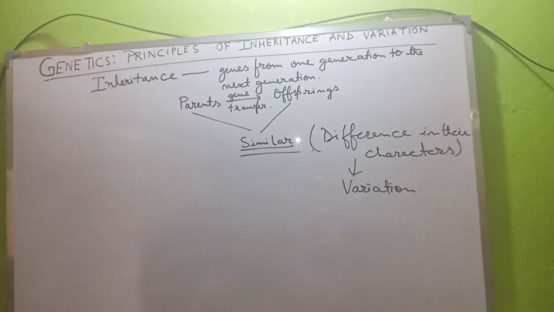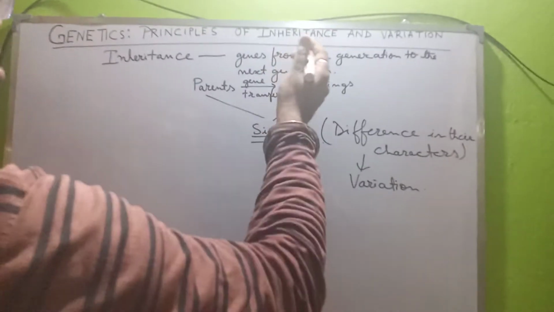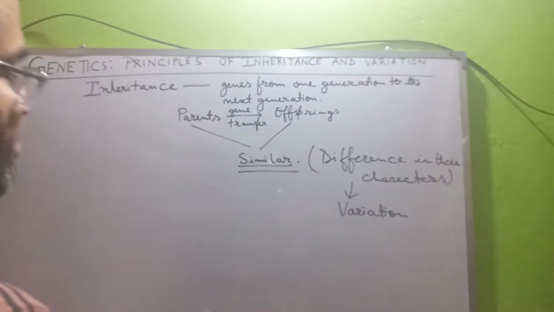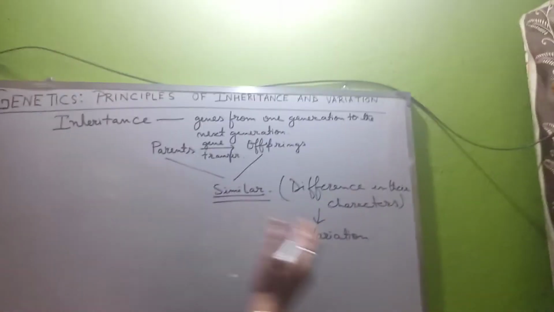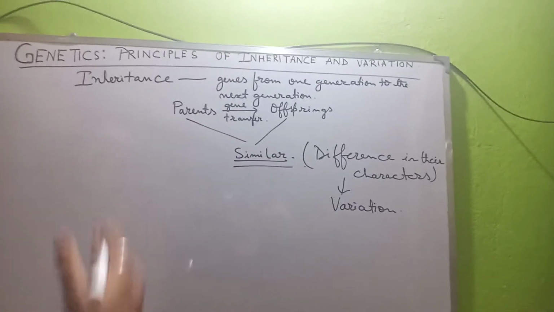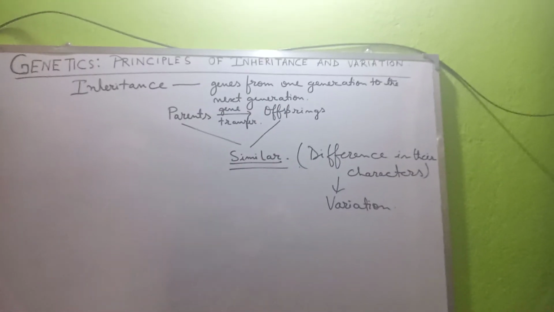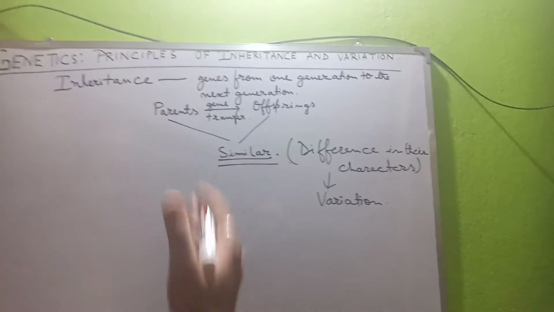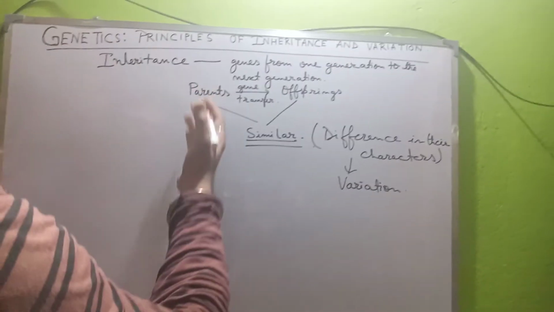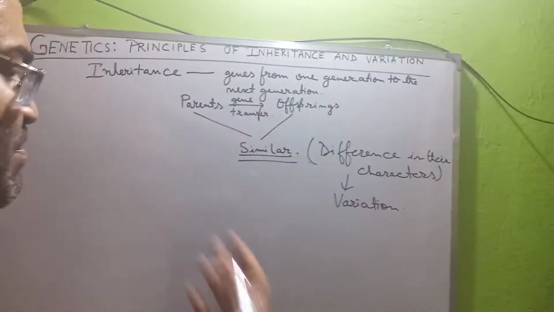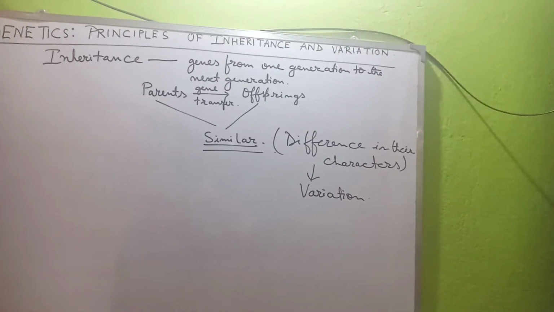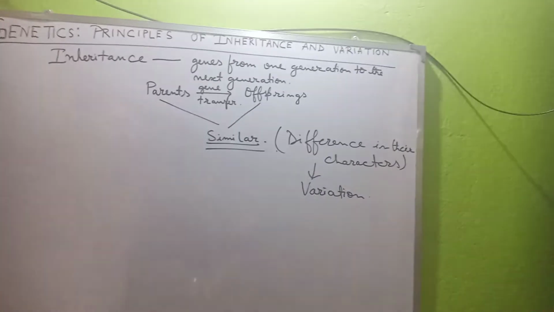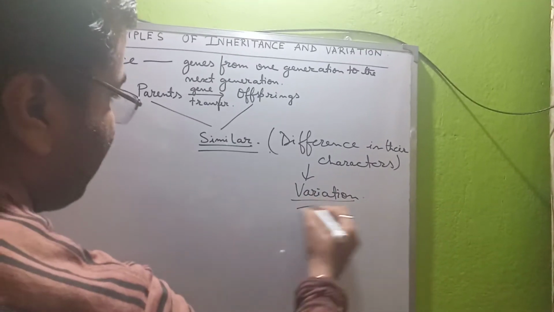If you go to the depth of genetics, you will find that the two things are quite different from each other, though in normal speech we say both have the same meaning. Inheritance means when genes pass from one generation to the other, and variation is between the parent and the offsprings. Maybe they have the same physical appearance, but their genetic constitution or their characters may not be the same. They have variation.